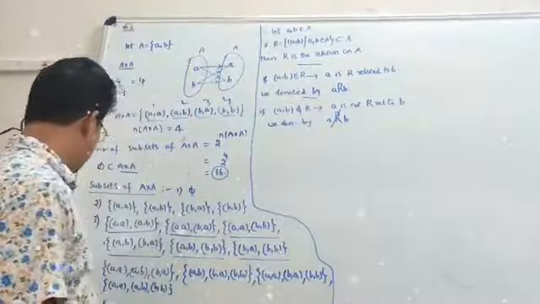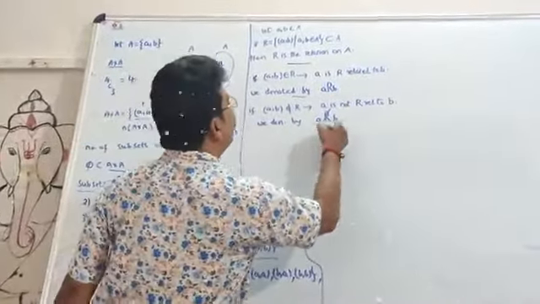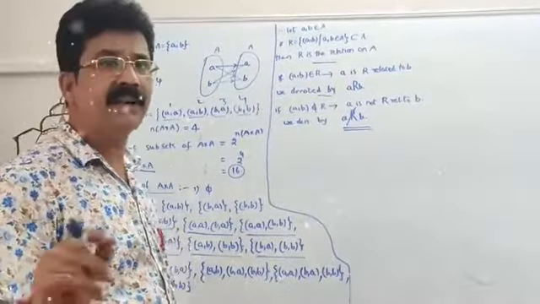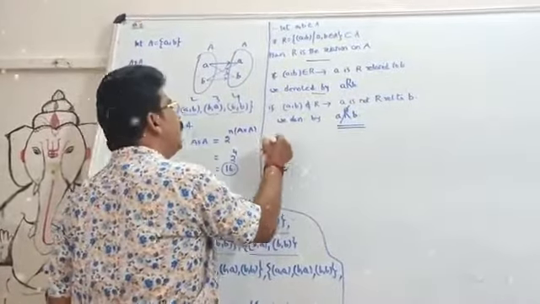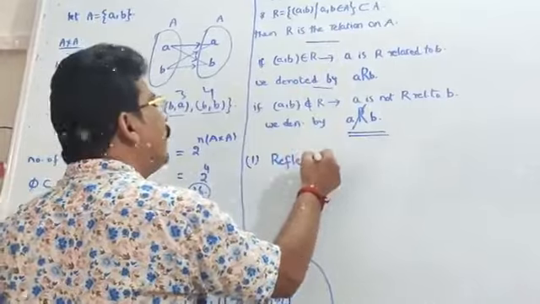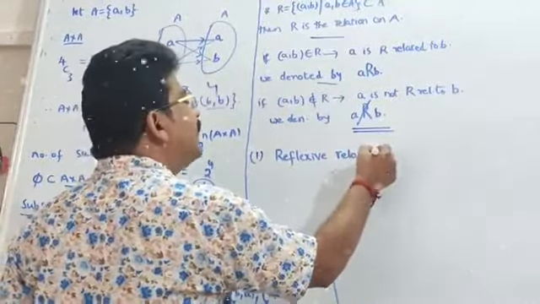Okay. Next, we discuss some different kinds of relations. Namely, number one, reflexive relation.